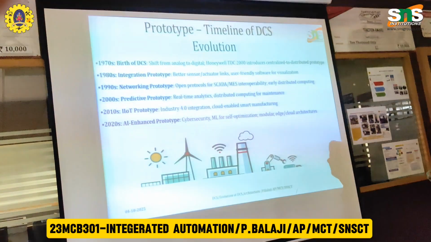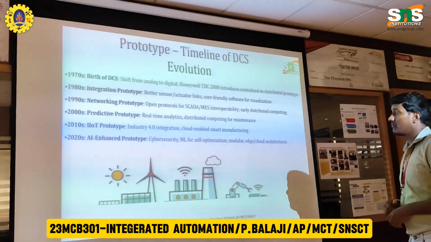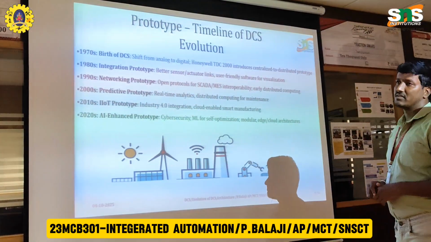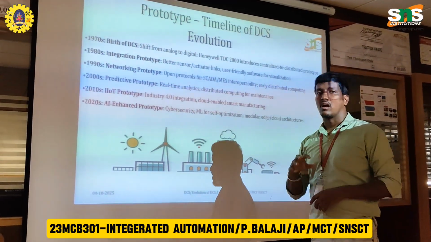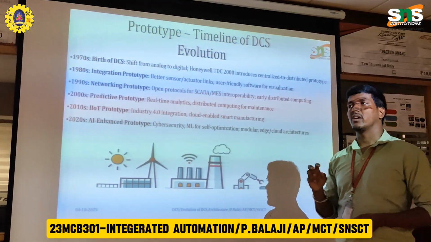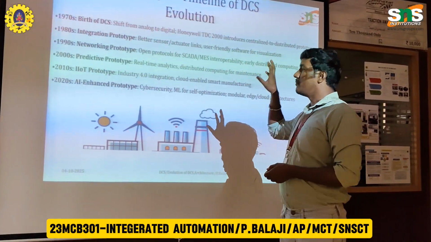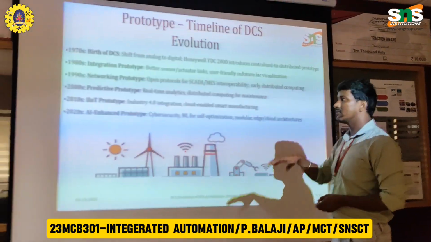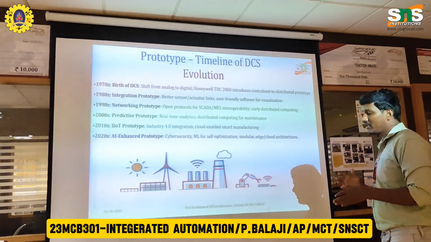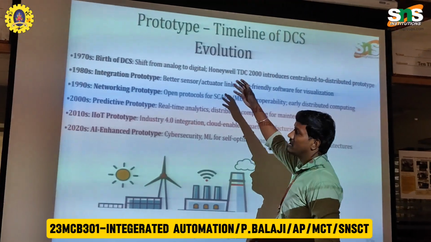Next, the evolution of the prototype timeline of DCS. In the 1970s, Honeywell empathized with all kinds of industry problems and developed the basic DCS to rectify those problems. In the 1980s, people integrated all kinds of sensors and actuators using DCS applications.